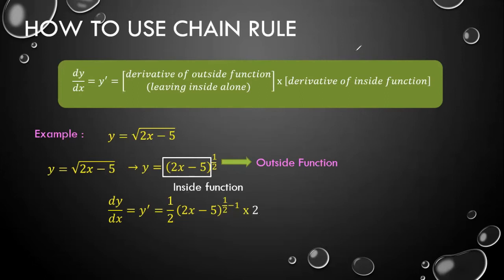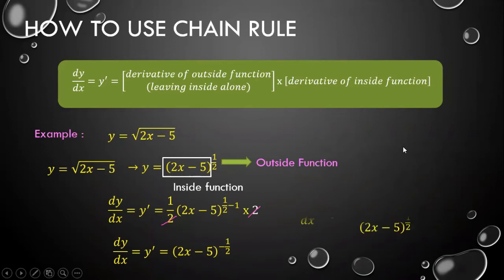Next, now we're going to simplify this function. Cancel, right? And automatically, we find dy over dx or y prime equals (2x minus 5) to the power minus half. Can we simplify this equation? Of course. dy over dx equals 1 over (2x minus 5) to the power half.